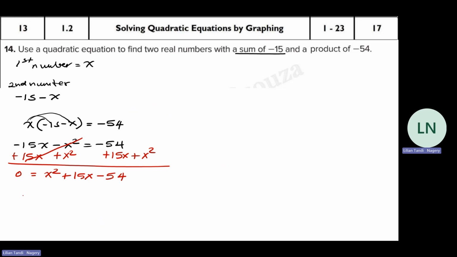Then do axis of symmetry. So axis equals negative b over 2a, which is negative 15 over 2 times 1, which is 7.5. Okay? After you do axis, you're going to do who? Do y-intercept. Y-intercept is 0, negative 54.